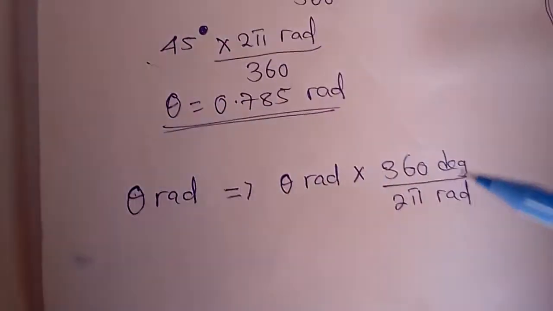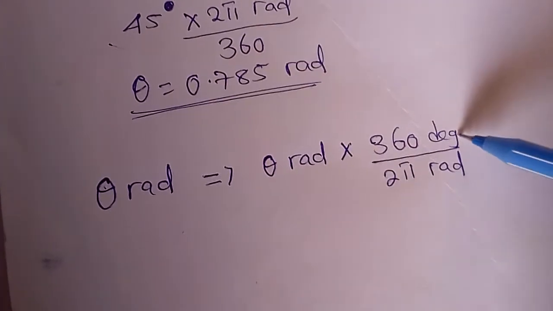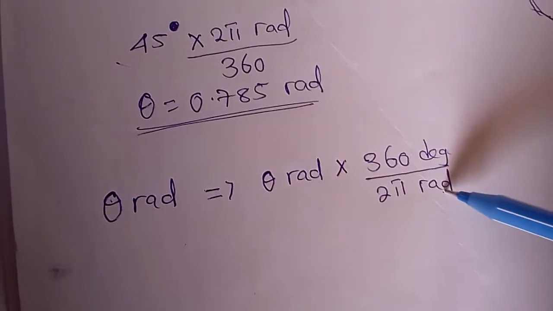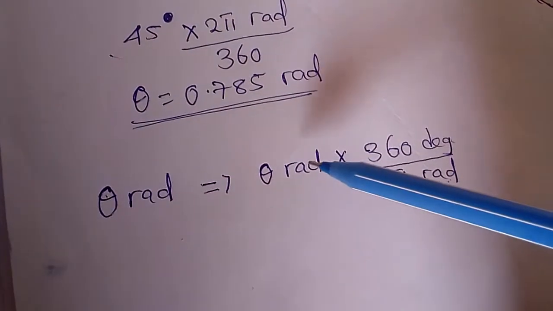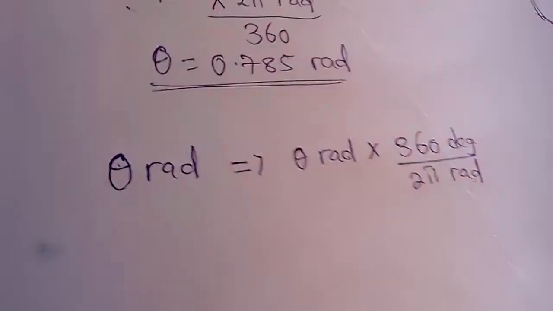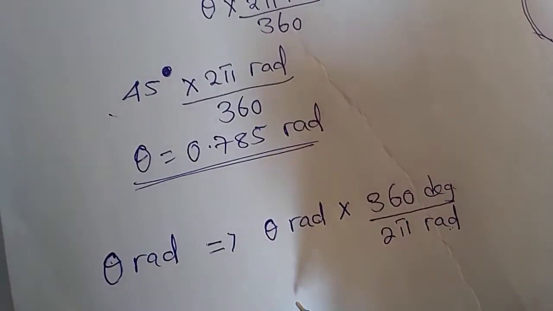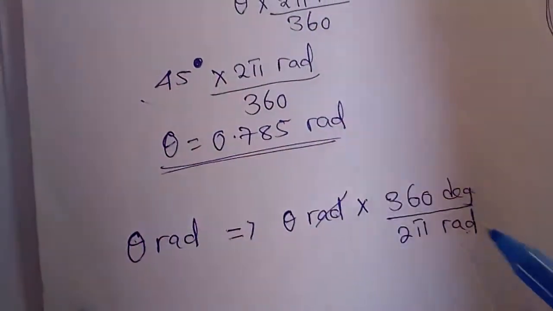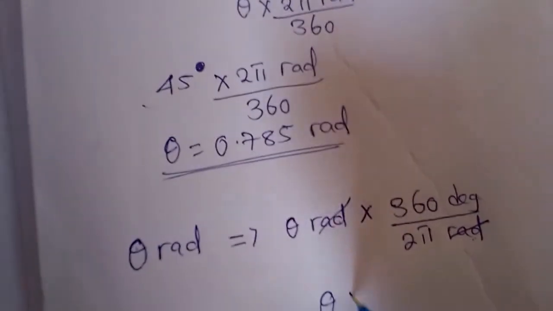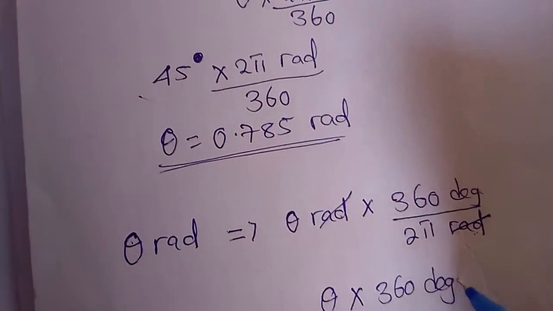So in the same way, we can look at converting from radians to degrees. I want to end up with degrees at the end of the day and I want to get rid of the radians. So the radians, if I put it at the bottom, it is going to divide with the other radian and I'll remain with my value in degrees. So meaning that the value that I'll get in degrees will be this, the radian will divide through with the radian, and it will be the angle in radians multiplied by 360 degrees.